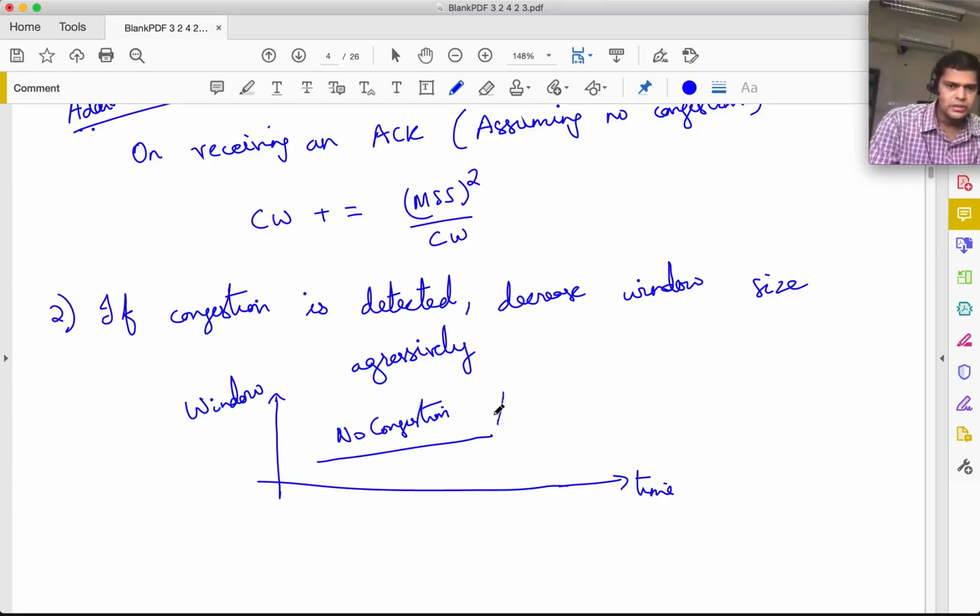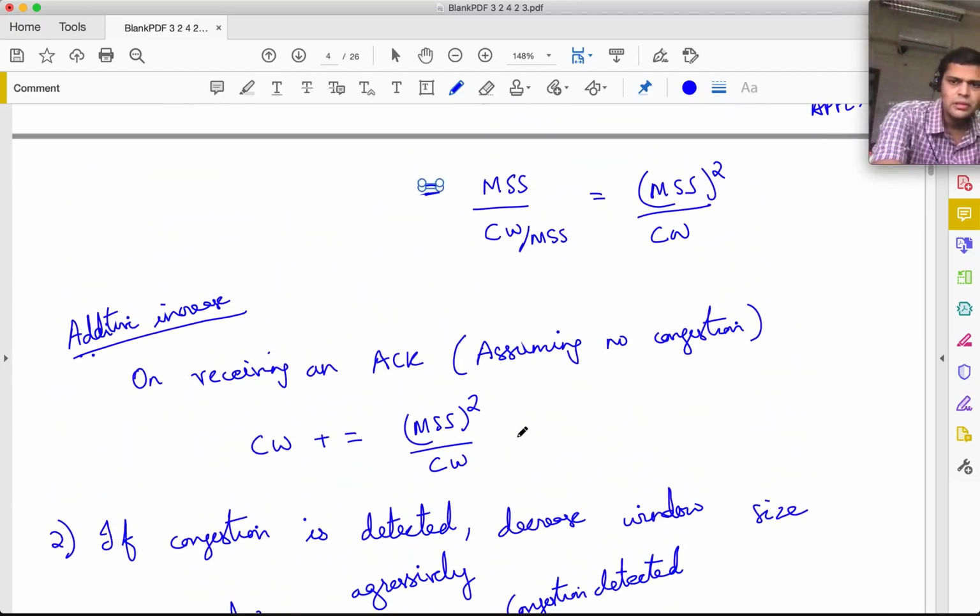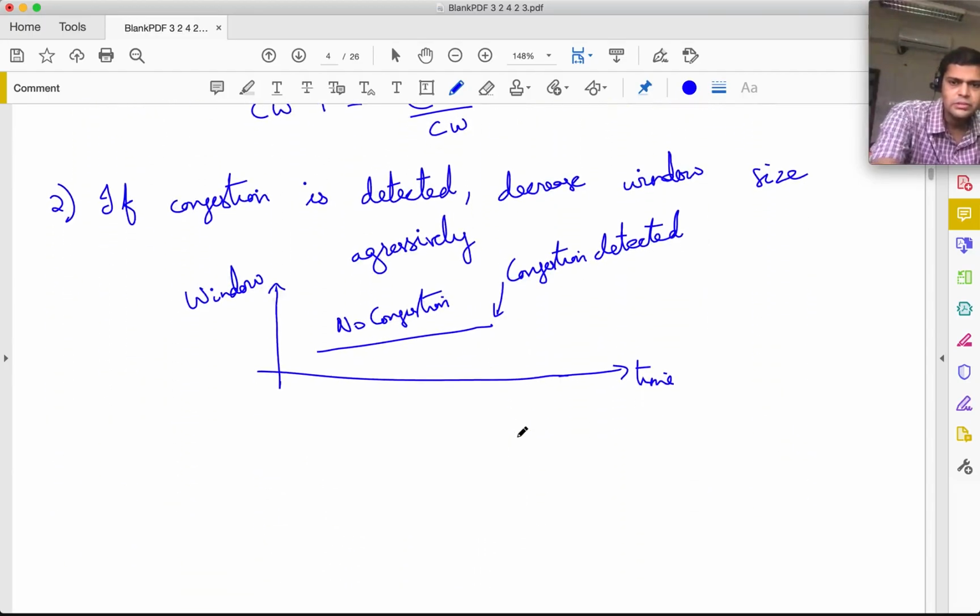But suppose congestion is detected, you might say, should we just in a similar manner decrease the congestion window by 1 every round trip time? That seems logical. If I'm increasing it a little bit, why shouldn't I also decrease it in a similar manner? But that could lead to problems.